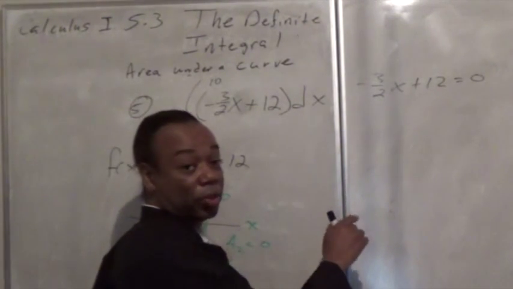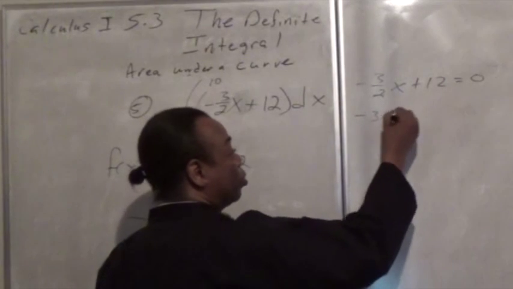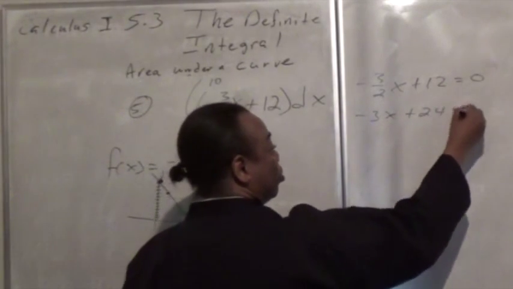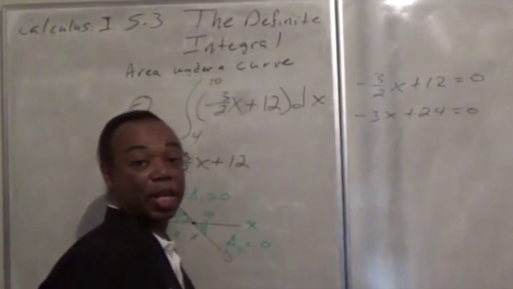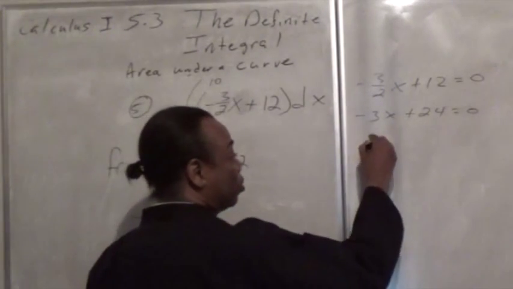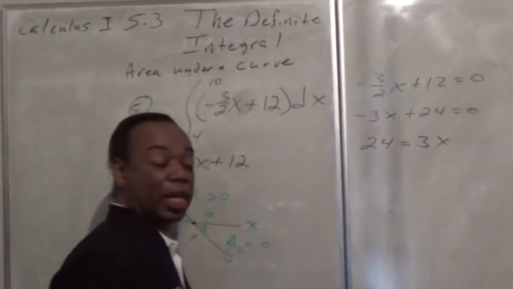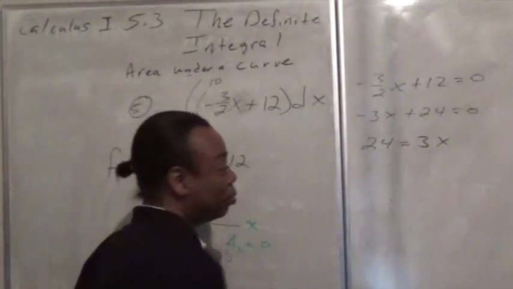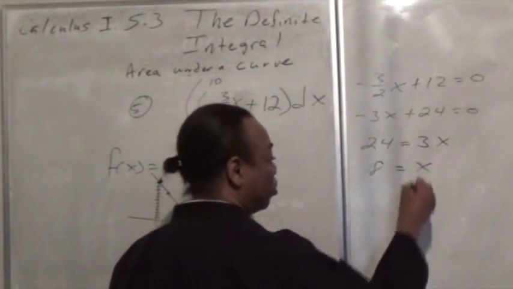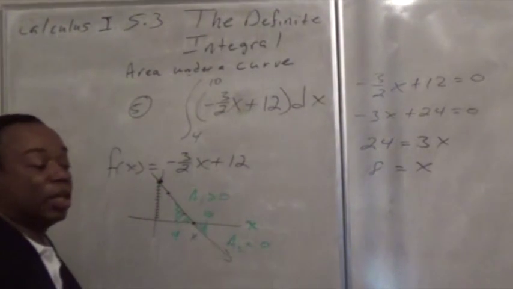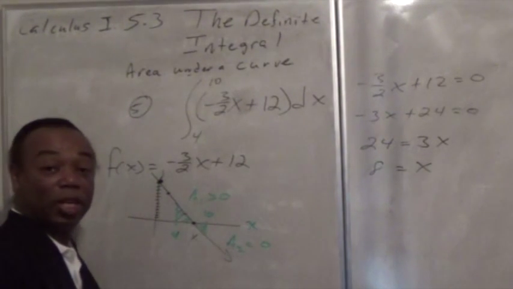I'll multiply everything by 2. And then add a positive 3x to both sides. Now we'll divide by 3. And this gives us 8 for x.